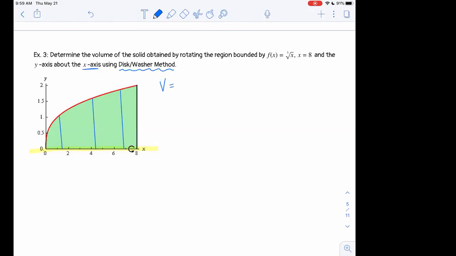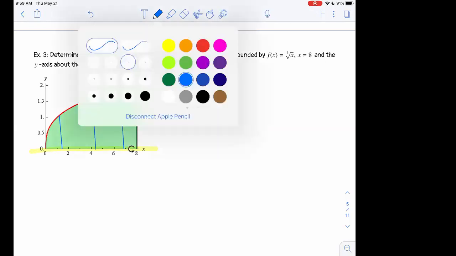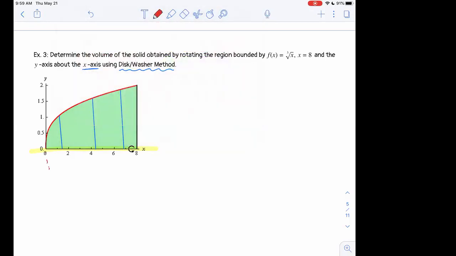If I want to think about sketching in the reflection, we could draw that down here. Okay. So if I revolve this shape, I'm going to get sort of like a rounded bowl situation. Now, is there a hole in this shape or is there not?